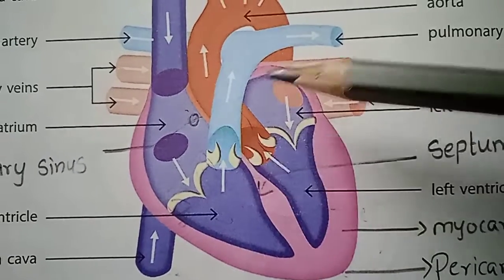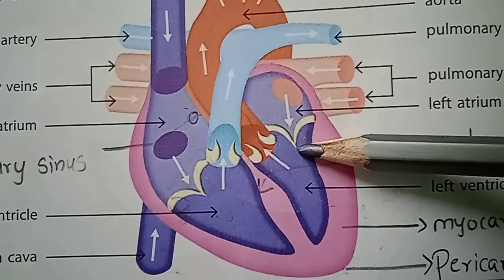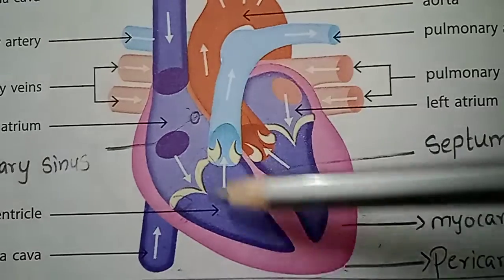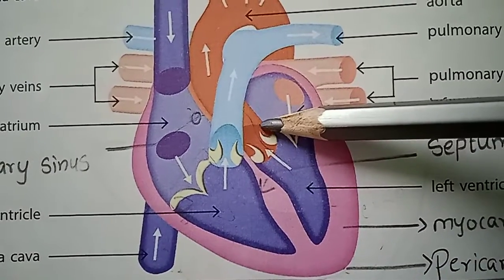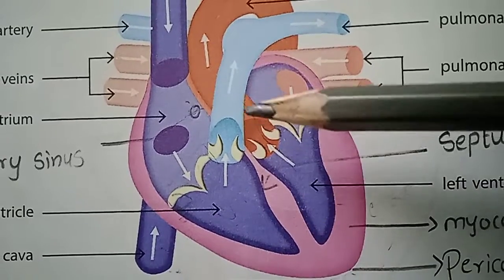So the atria and ventricles will be in these two phases, systole and diastole. In total, the cardiac cycle is completed in 0.8 seconds.